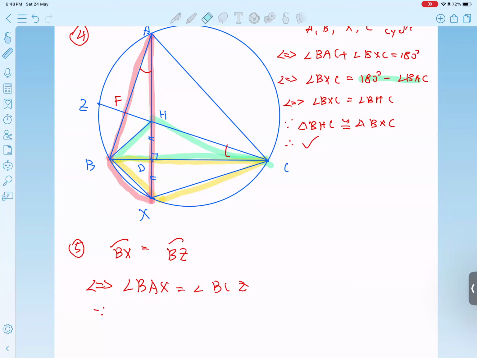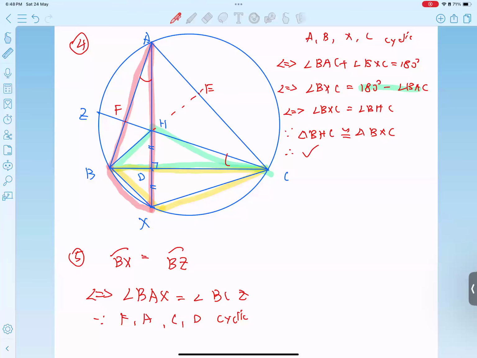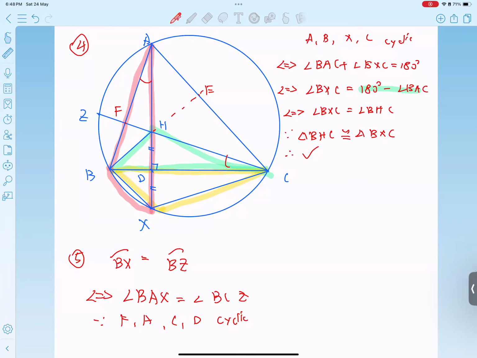So we know this is true because AFDC is cyclic. Actually no, doesn't matter. So we know that this is true because AFDC is cyclic. So again, if we rotate the diagram and put D on top, it would basically be the same as BF is cyclic. So this should be true. We're done. So another useful property.